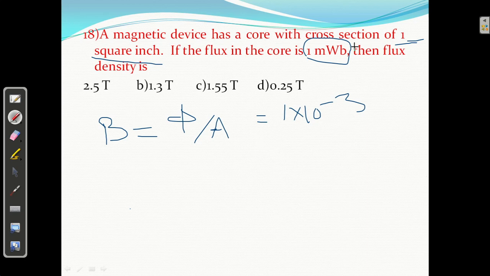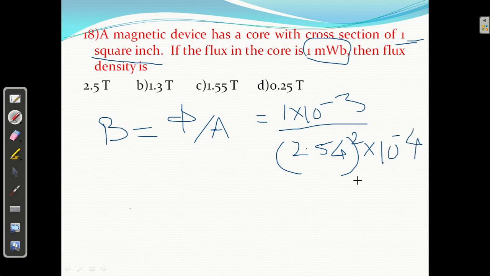Cross sectional area is given 1 square inch. I don't want it in square inch, I want it in meter square. So how many meter square is 1 square inch? 1 inch is 2.54 centimeter. Squared, that gives centimeter square, and if you multiply by 10 raised to power minus 4, you will get meter square.